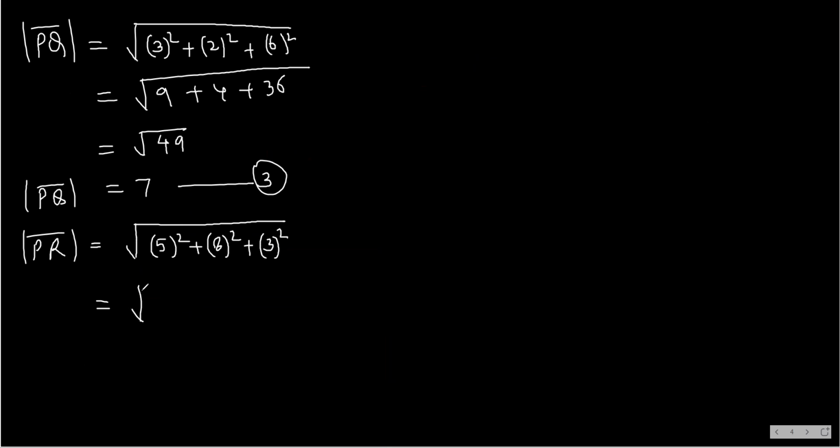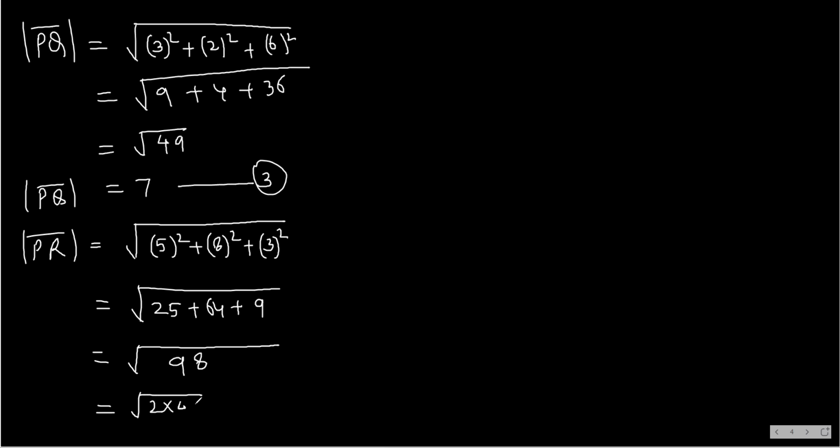This is square root of 25 plus 64 plus 9, which is 98. I can write it as 2 times 49, that is equal to 7 root 2. I got mod of PR bar as 7 root 2, number 4.